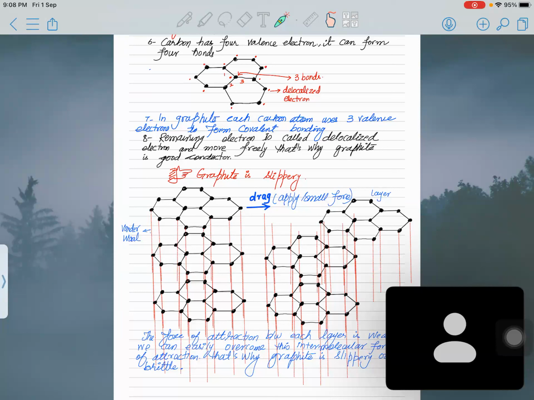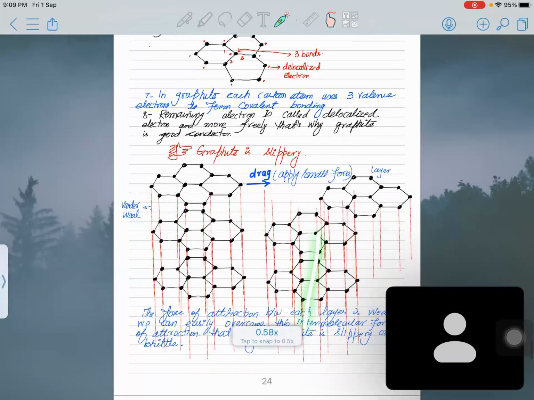In graphite we have three bonds, but in diamond we have four bonds, so there is no free electron in diamond. That's why graphite conducts electricity.